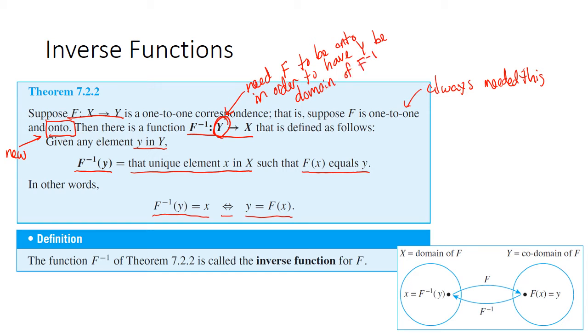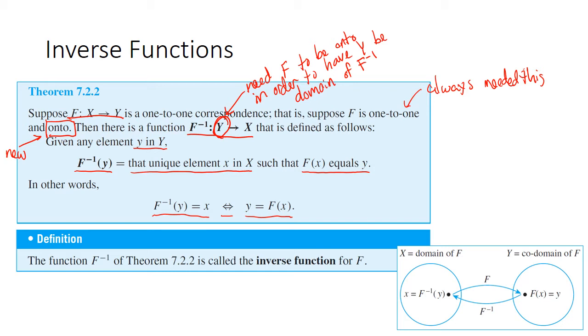Because if f was not onto, there would be some elements in Y that f inverse would not map to anything, that would have nowhere to go under the inverse. I hope that makes sense to you.